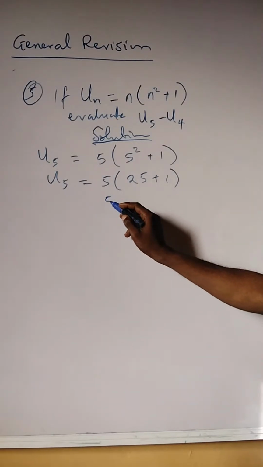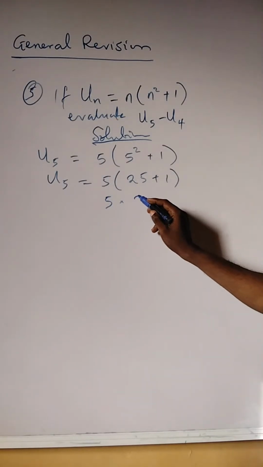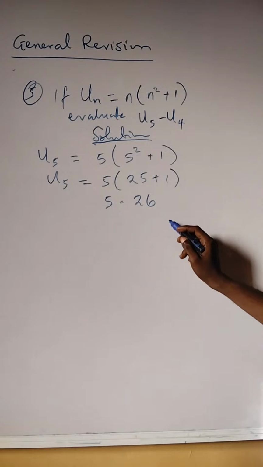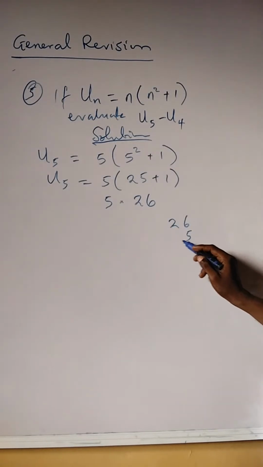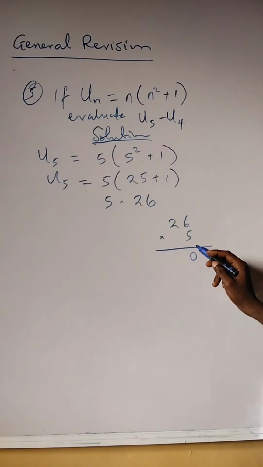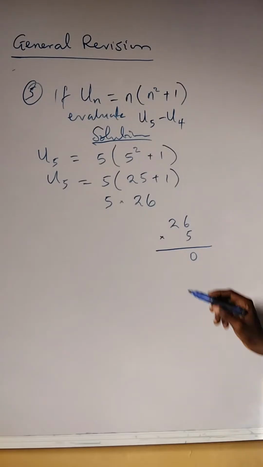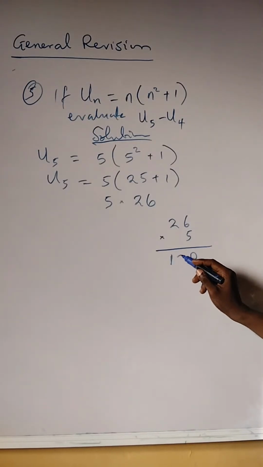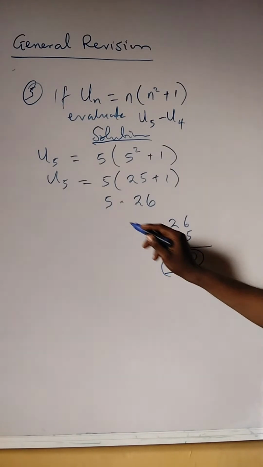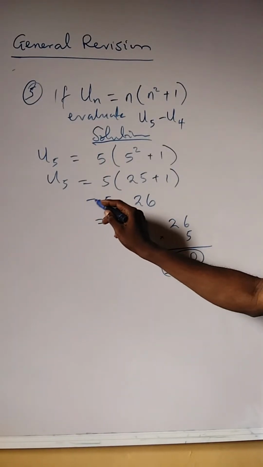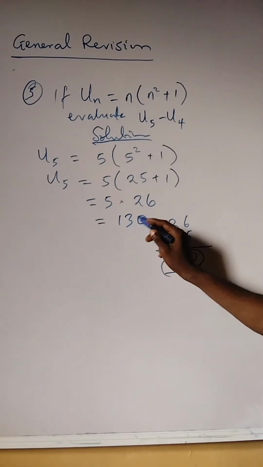But this is 5 times 26. We multiply: 5 times 6, 30, 5 times 2, 10, plus 3, 13. So 130. So u subscript 5 gives us 130.